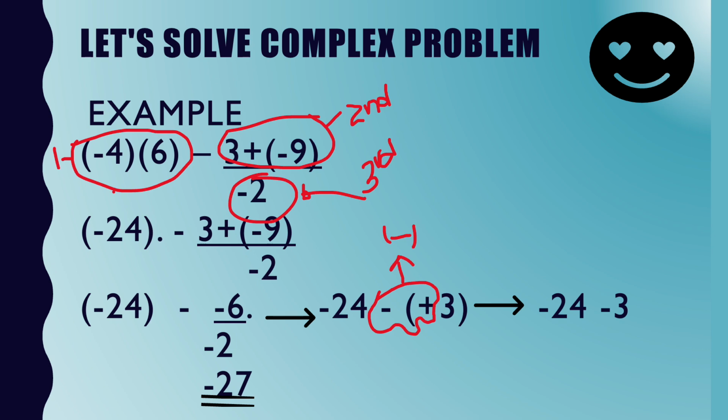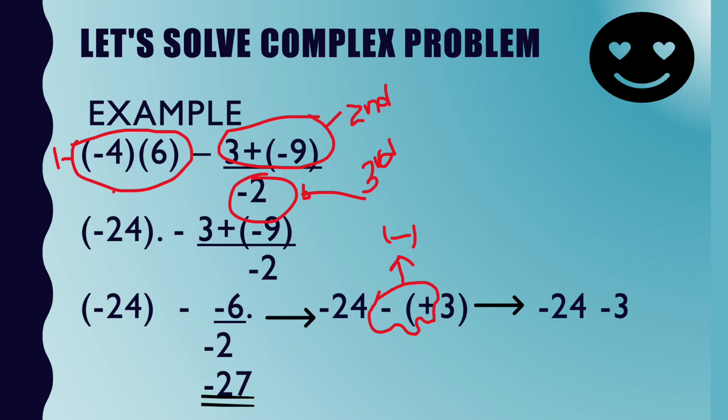When we have different signs, we put the sign of the biggest number. What is the biggest number? Number 9. The sign is minus, so I put minus 6.